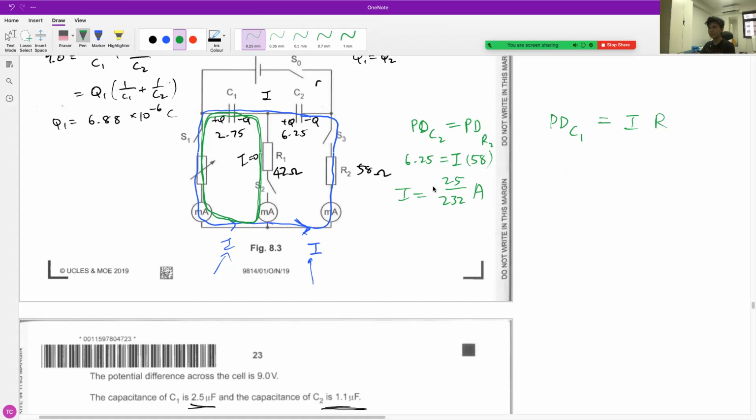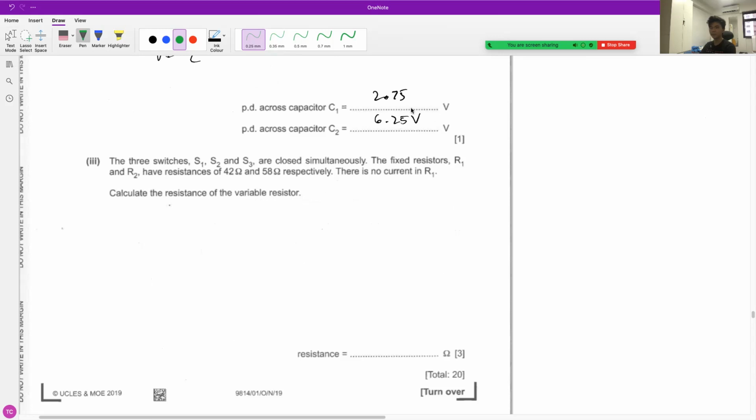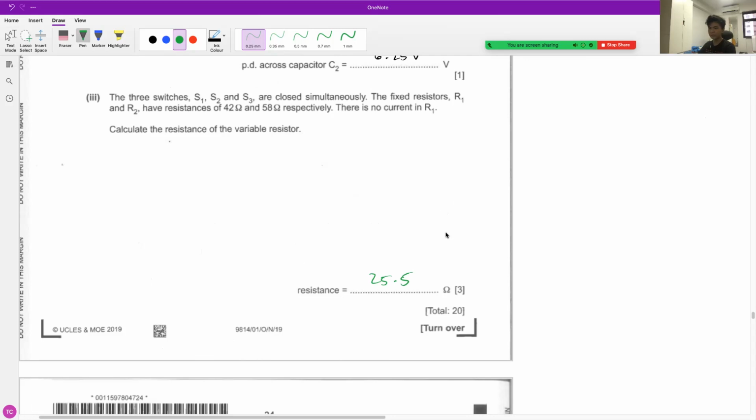We know the current is this value, so we substitute it in: 2.75 equals 25 over 232 times R. Solving for the variable resistor, we get 25.5 ohms. So that's how we calculate the resistance of the variable resistor. That's 25.5, and we are done with question 8.